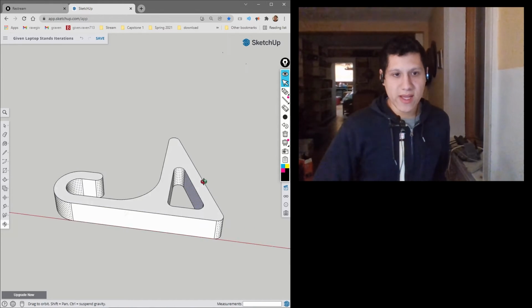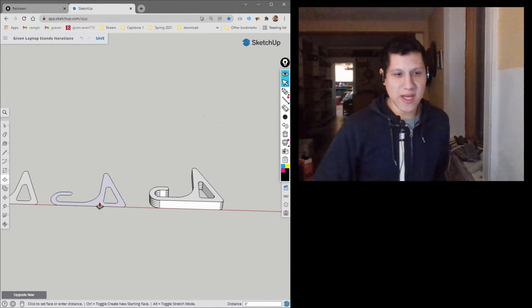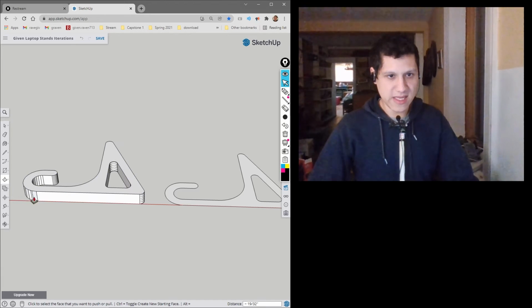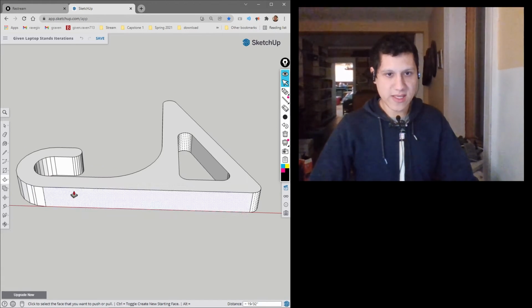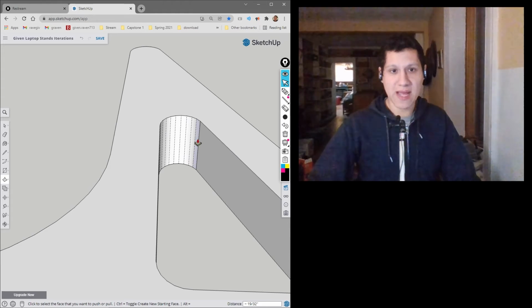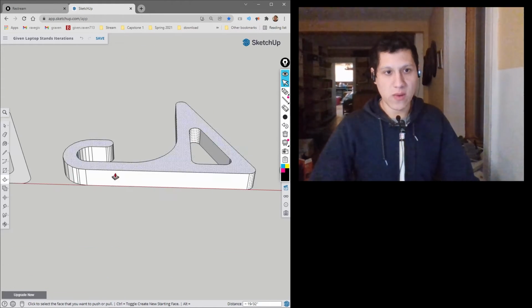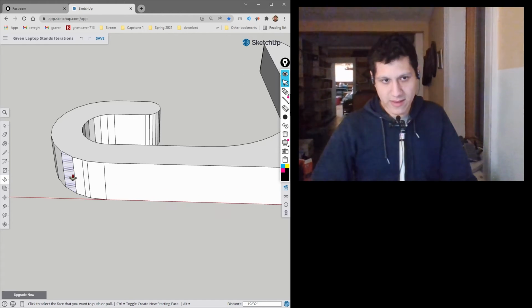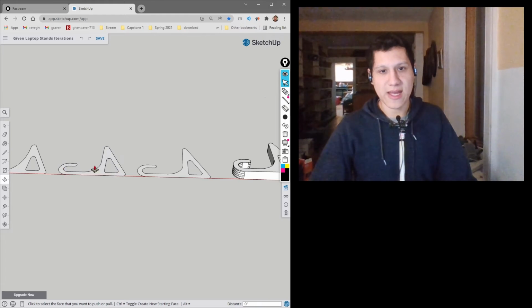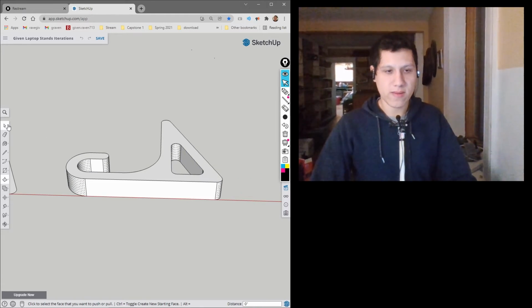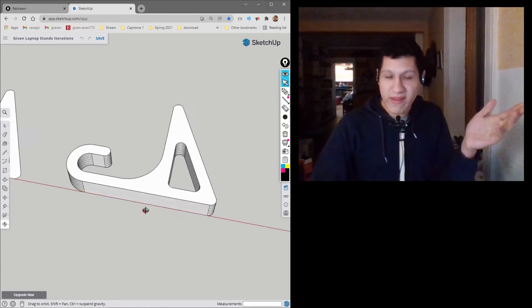And one little thing I was trying to fix, just because of errors like this: these are real segments and these are hidden geometry. SketchUp counts this arc as a mathematical formula, while this one, I broke it, and it had to draw the lines manually. So I wanted to make sure that all of these curves were mathematical formulas as well within SketchUp.